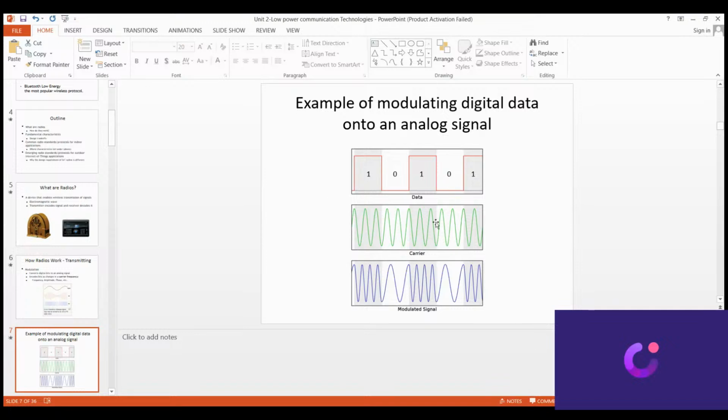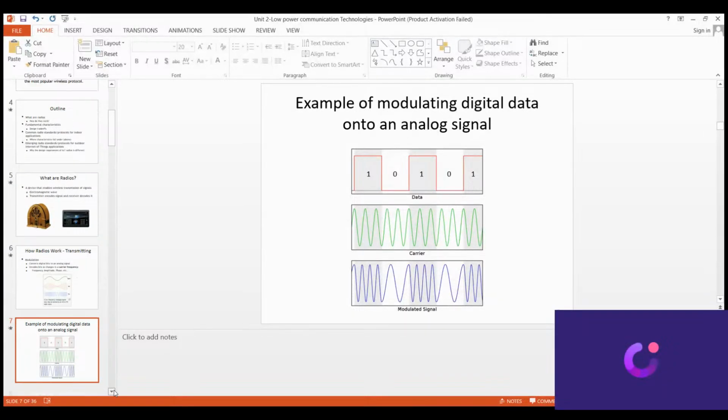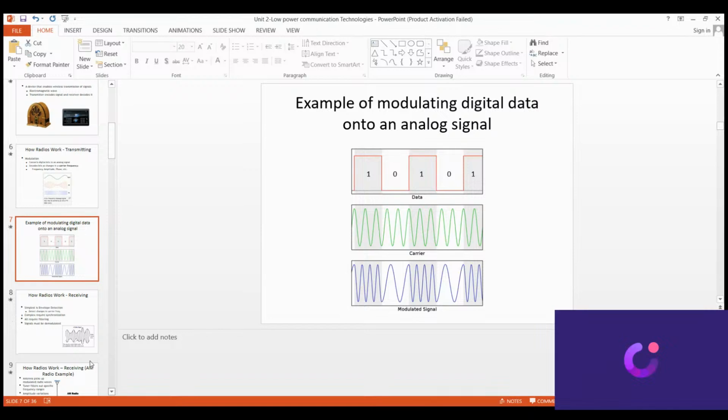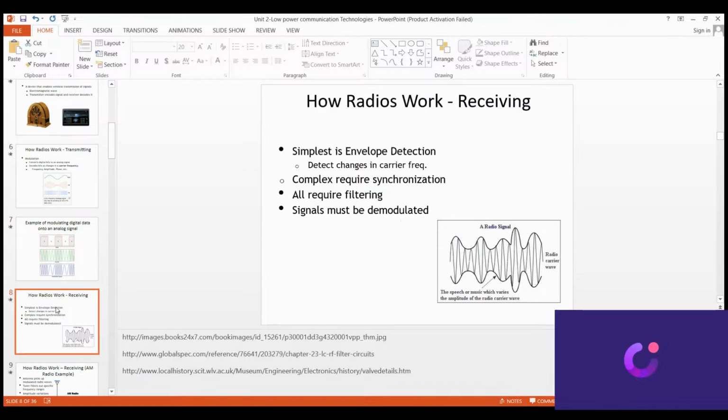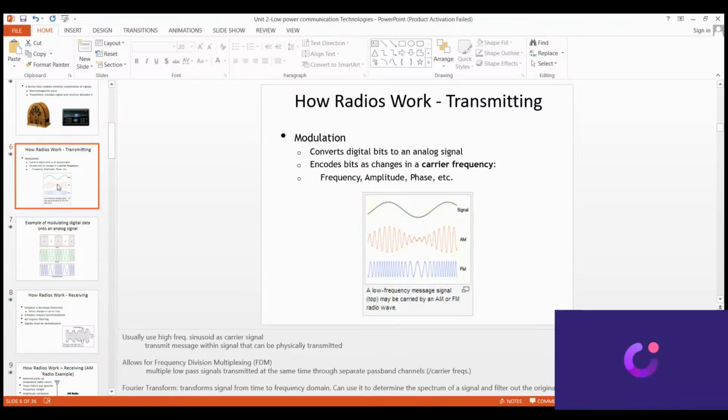Then you have the carrier frequency, which is part of the amplitude modulation, and then you have the modulated signal that is produced at the end of the day. So this is basically to do with transmitting the signal.